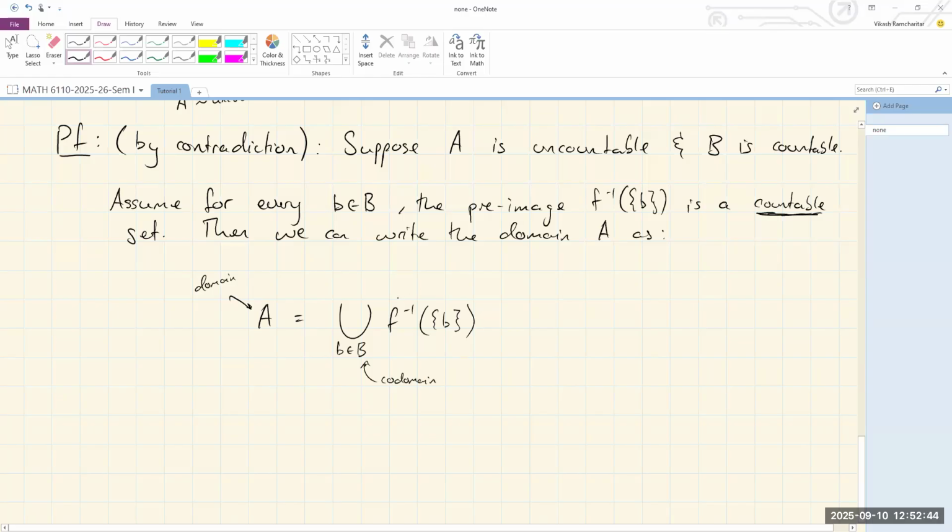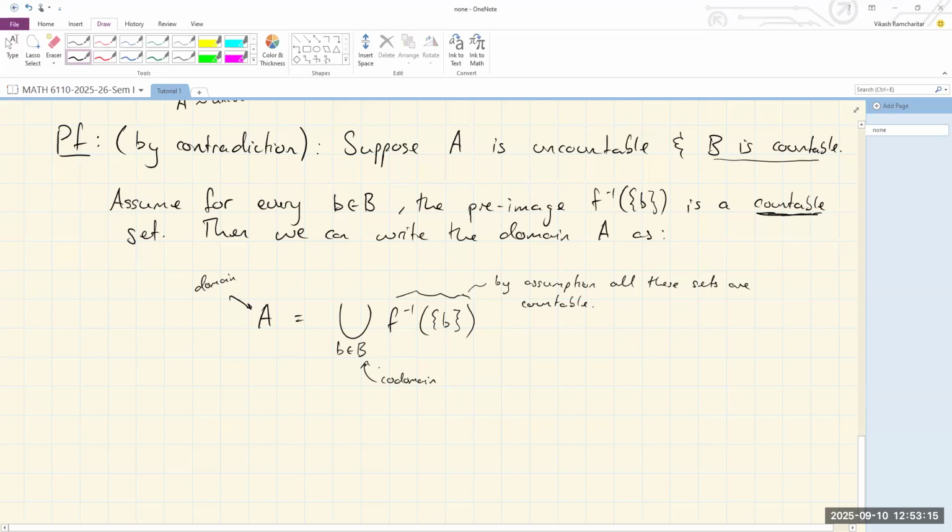And by assumption, all of these sets are countable. Okay, by assumption, all of these sets are going to be countable. So what do I know about B? Remember, we assumed something about B. B is countable, right? We assumed that B was countable.